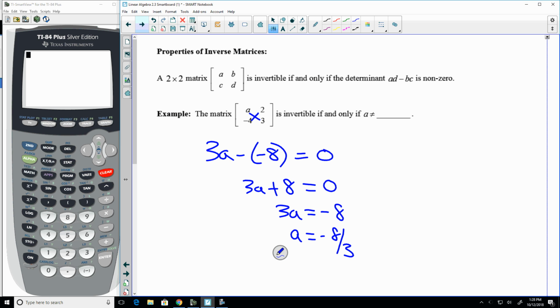So if A was negative 8/3, that matrix would not be invertible. So we're going to say this matrix is invertible if and only if A is not negative 8/3. If A is not negative 8/3, then it's invertible. If it is negative 8/3, you'll get a determinant of 0, and it would not be invertible.